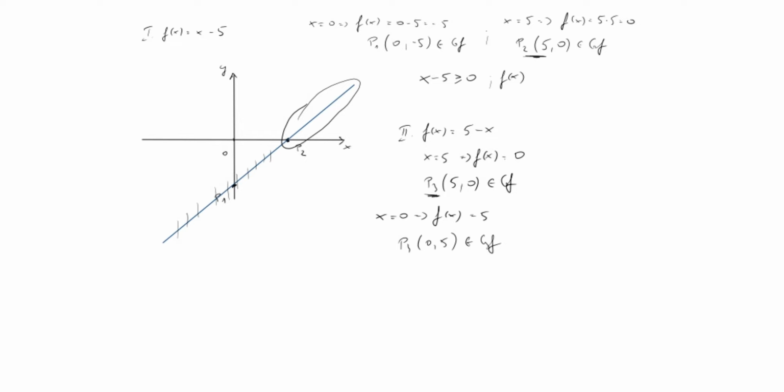So it's this point here. But then P4 is 0 and 5, so the coordinate on the x-axis is 0 and the coordinate on the y-axis is 5. So this should be P4.